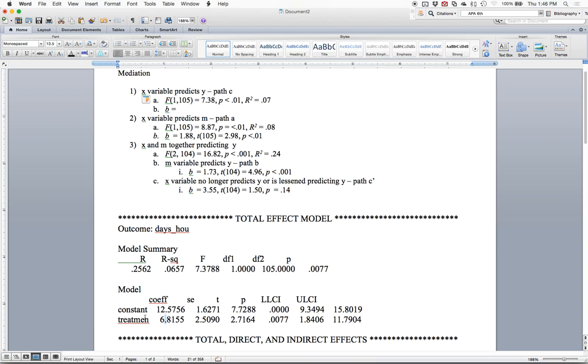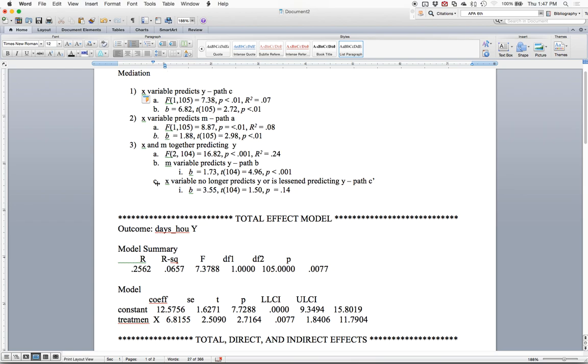So that's here. So we've got X predicting Y. And so it's 6.82. Our t-value with degrees of freedom 105 is 2.72. P is the same thing, 0.01. So the most important step, where X predicts Y, actually comes last in the output, but that's okay.